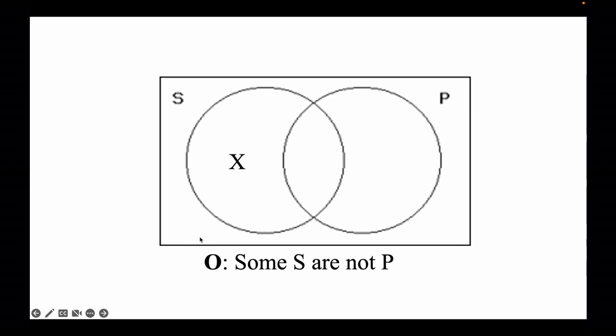And the last one is the O form. It is also particular and negative. It says some S are not P. Again, going with our statement, some bananas are not yellow things. That's why I place the X here, because I want to indicate that there exist some bananas. And as you can see, the X is outside areas 2 and 3. It's in area 1.